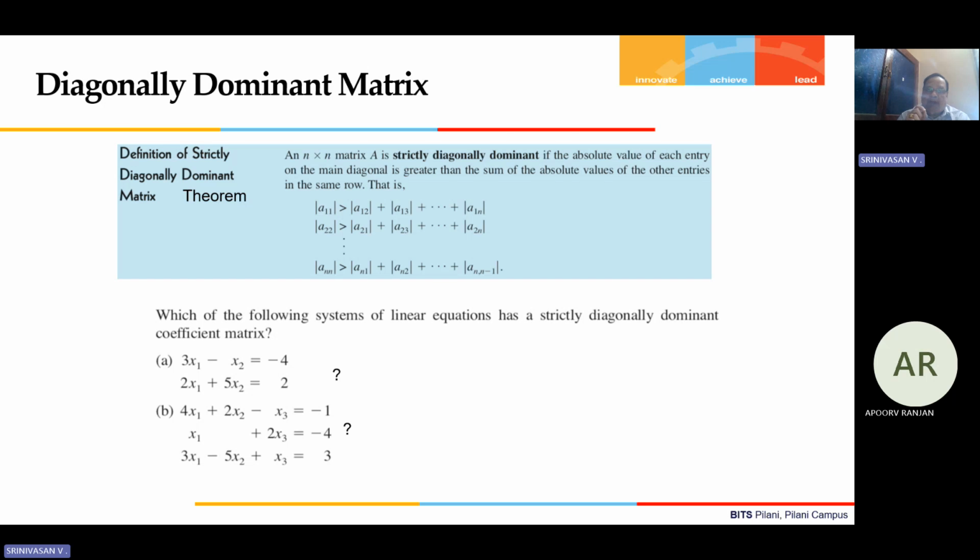When you write necessary and sufficient conditions, you put symbolically the sign which means implies and is implied by, that means it is both ways. That is necessary and sufficient conditions.